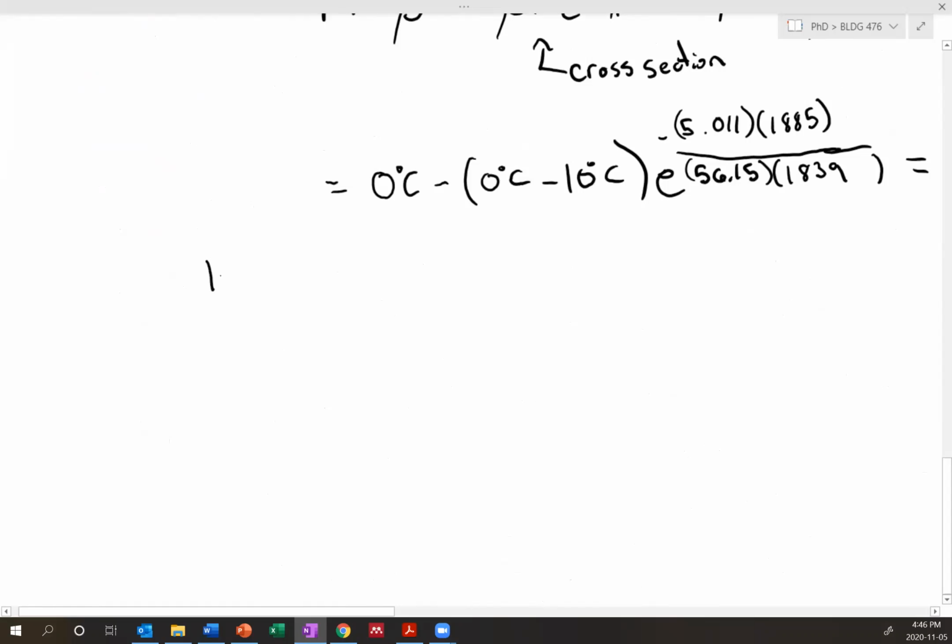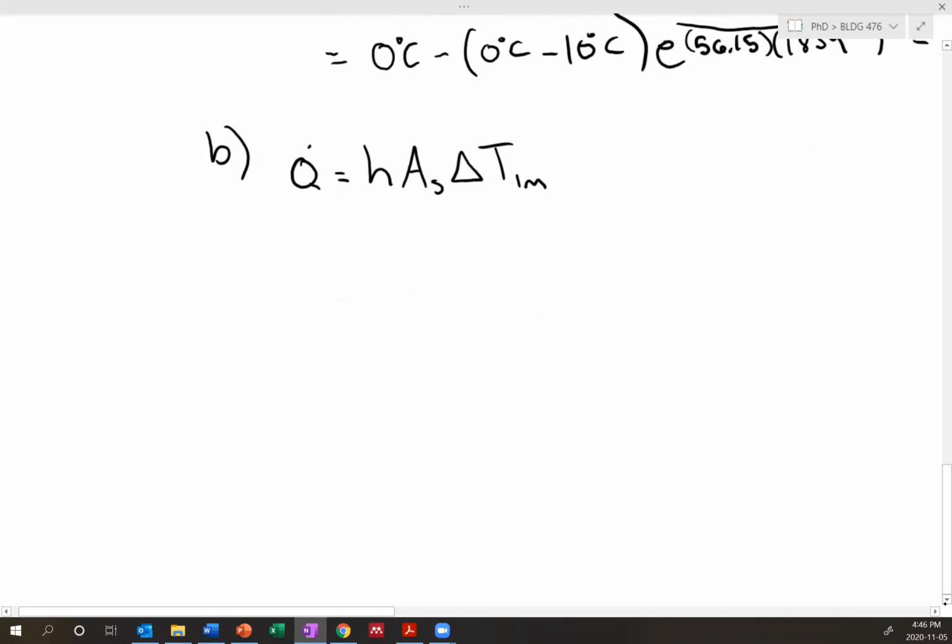so part B, here is actually where we use our log mean temperature difference. And this is because for this situation, we can find our Q dot is equal to our h, which we've calculated, times the surface area of our pipe, times our delta T, but specifically the log mean, because we know that our temperature varies throughout the pipe.